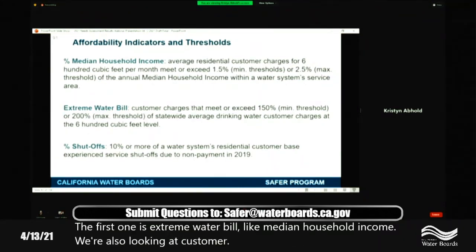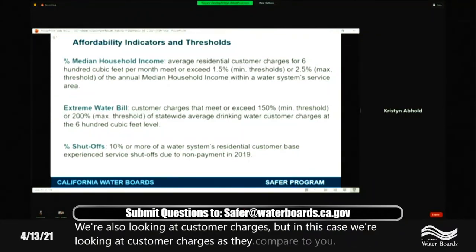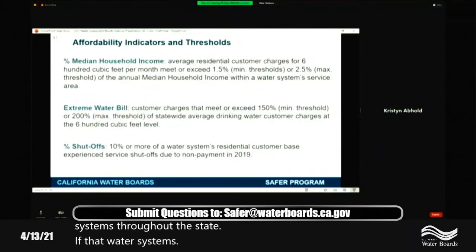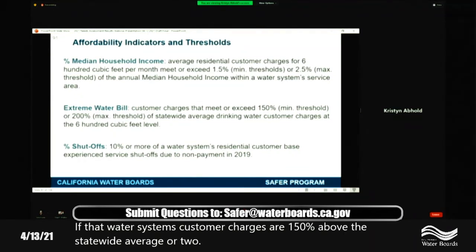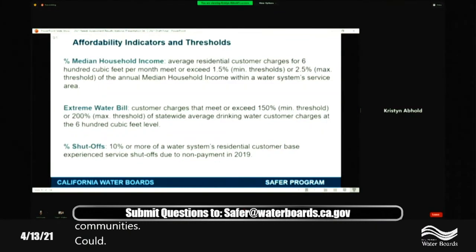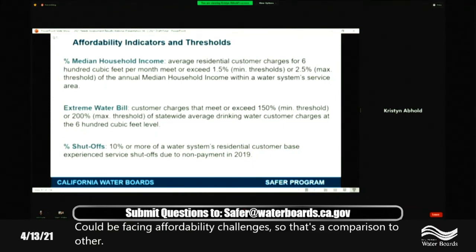But in this case, we're looking at customer charges as they compare to other water systems throughout the state. If that water system's customer charges are 150% above the statewide average, or 200%, which is our maximum threshold, those were the indicators that potentially those communities could be facing affordability challenges. So that's a comparison to other water systems in the state.